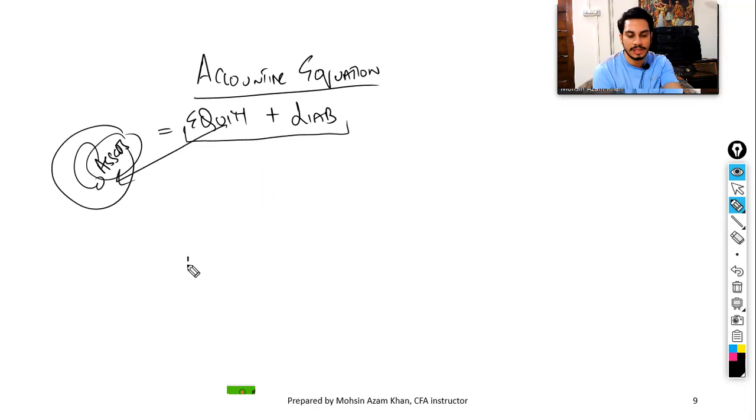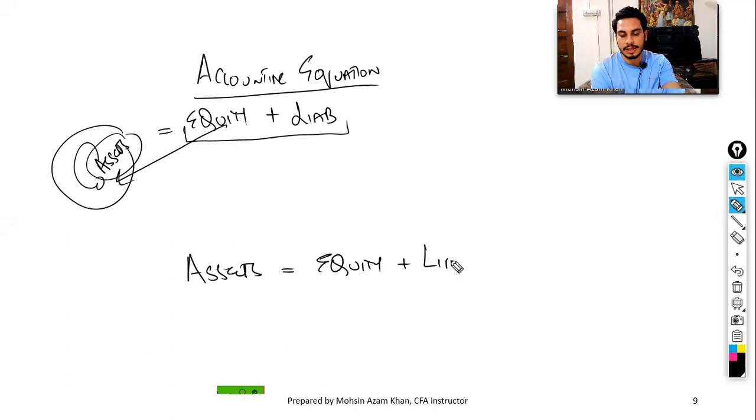So we get the basic accounting equation, which is assets equals equity plus liabilities. This is the basic accounting equation one has to always follow. And in accountancy, if this side increases, we say that the transaction is being debited.